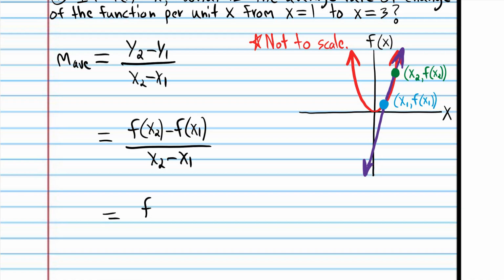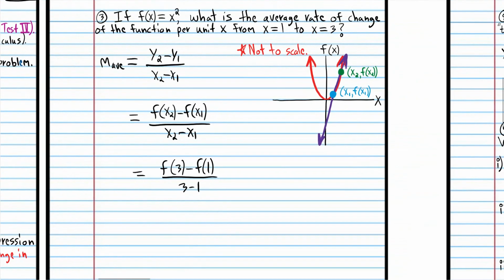Now x2 is 3 and x1 is 1, and f of 3 is just this expression with 3 plugged in, so 3 squared, and f of 1 is this expression with 1 plugged in, so 1 squared.